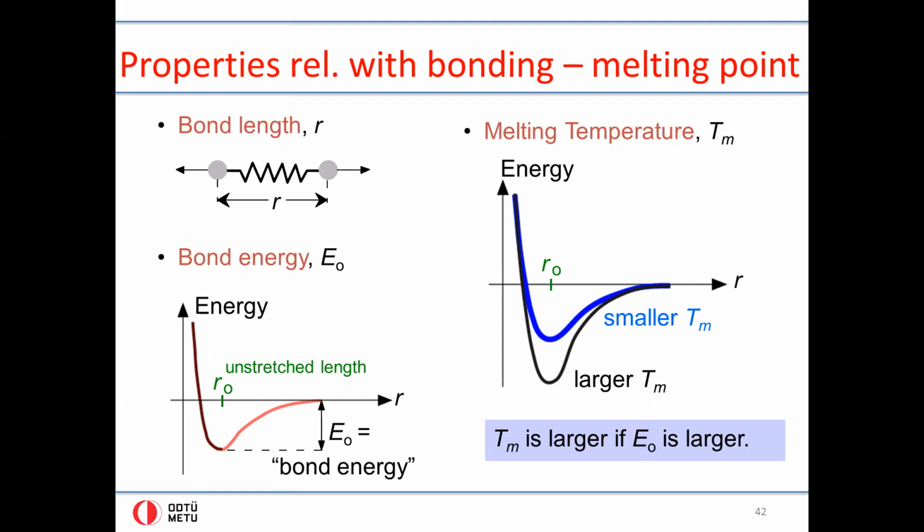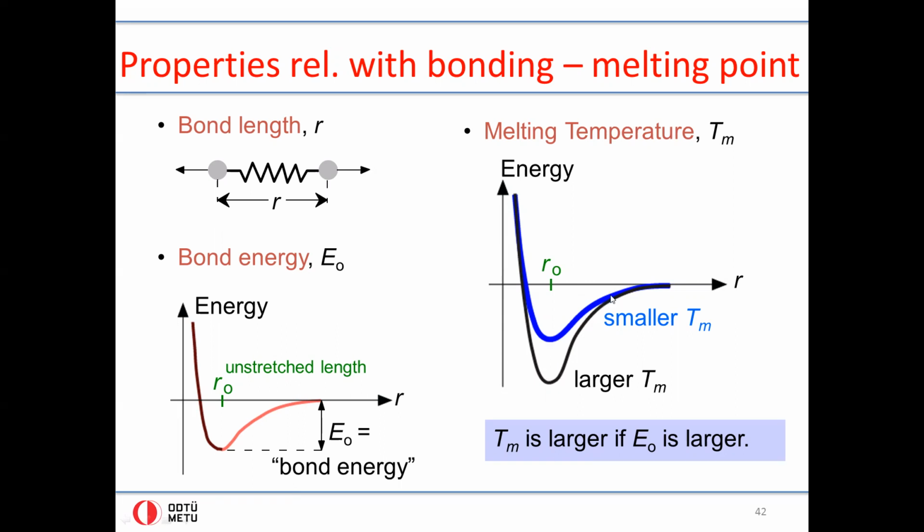So this process requires energy. Energy here is given in the form of heat energy that increases the temperature that eventually leads to melting. On the previously shown energy versus interatomic spacing graph, represented here by R, we have two materials represented by the blue and the black curve.